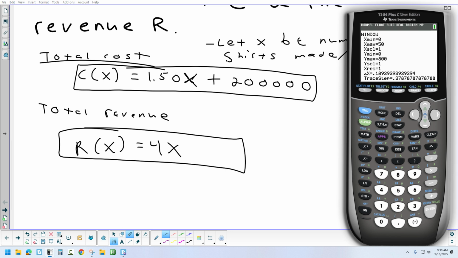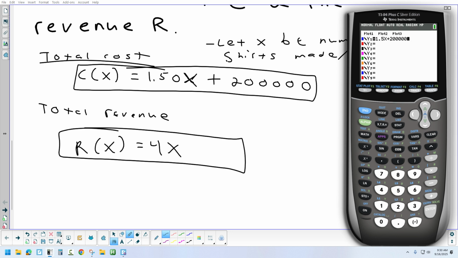Go into y equals. Perfect. Then you want to clear out what you have in there, and then you can put in the first equation, which is 1.5x plus 200,000.